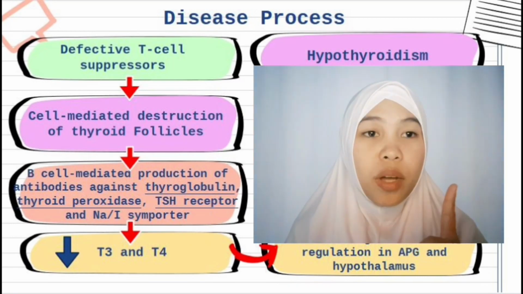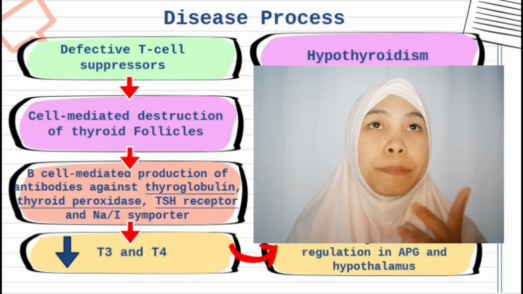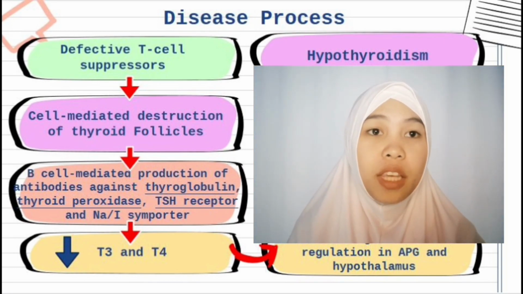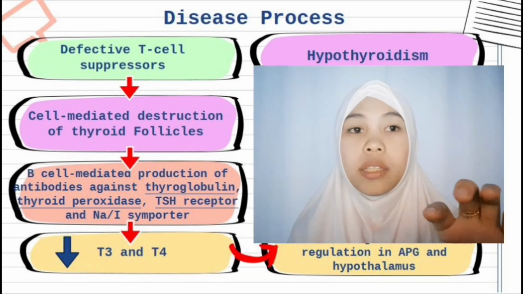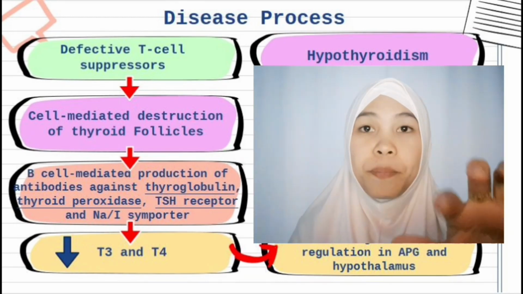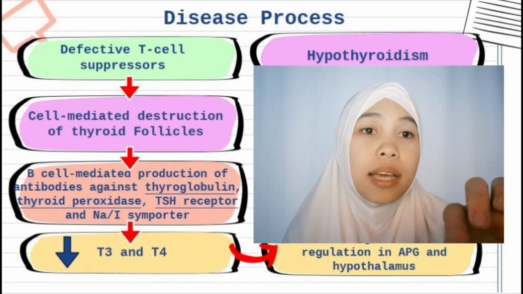This is also the reason why one of the symptoms of Hashimoto's disease is fatigue, because there is a lack of ATP production, which is what we use for energy. And then as a result, it will lead to a decrease in T3 and T4.